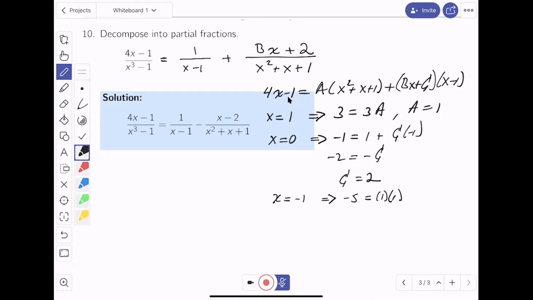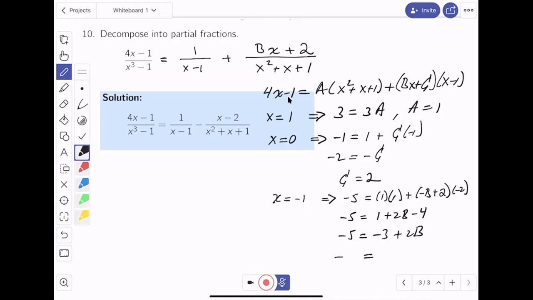That's not so bad. Plus, this would be minus B. I believe C is 2. And -1 minus 1 is -2. -5, 1, plus 2B, -4, -5, -3, plus 2B.